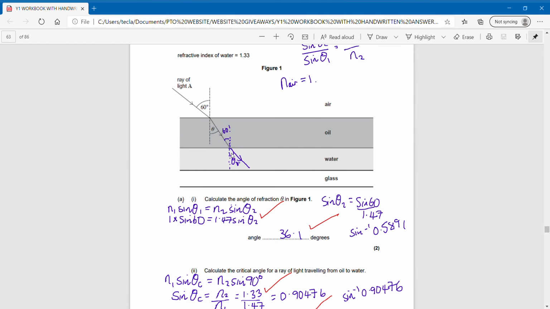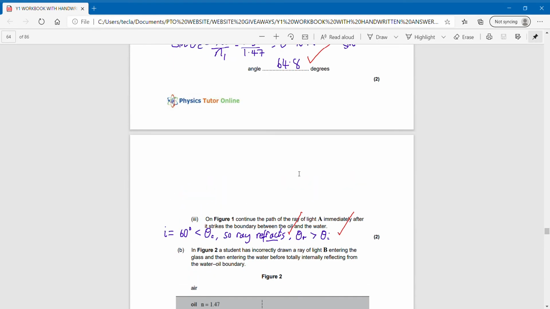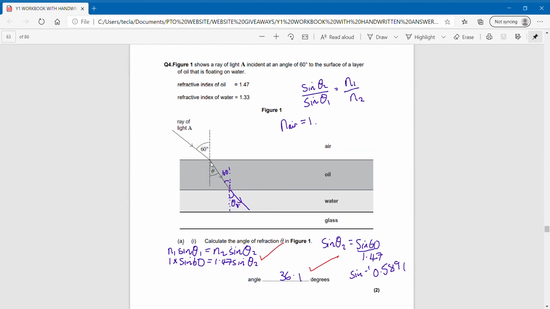We're going to show an angle of refraction which is greater than the angle of incidence here. So this is 60, then this angle theta r is going to be greater than that. So it shows that it's refracting away from the normal.